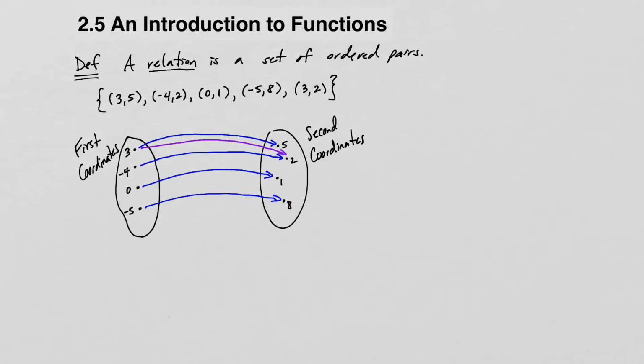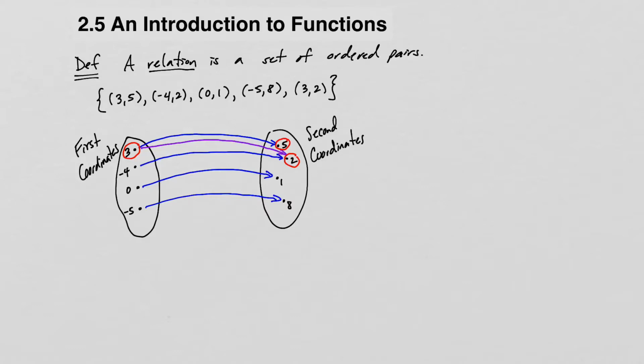It's problematic because we have an x value of 3, and it corresponds to 2 different y values. This is not well defined, because if I tell you that x is 3, you would want y to be uniquely determined. So although a relation can be useful for some things, we certainly don't like relations where one first coordinate goes to 2 separate second coordinates.